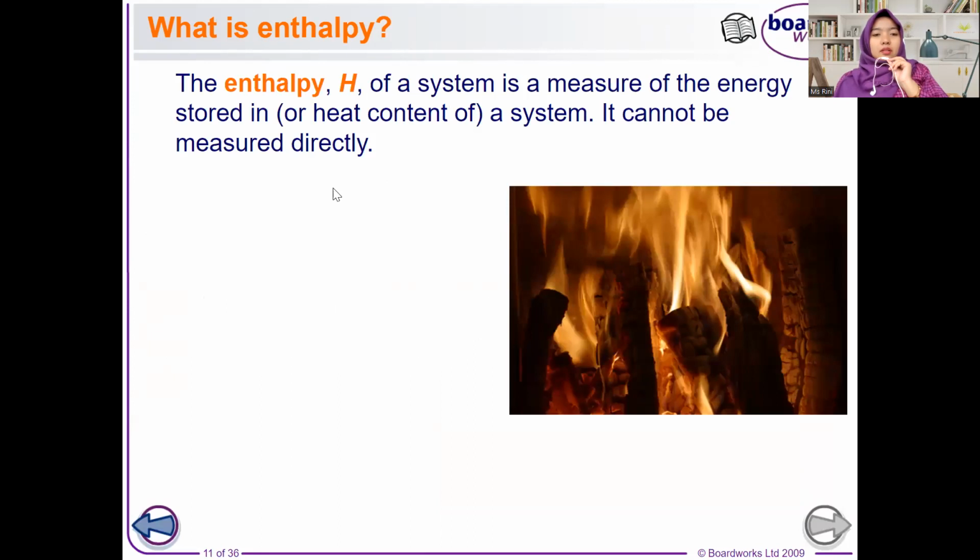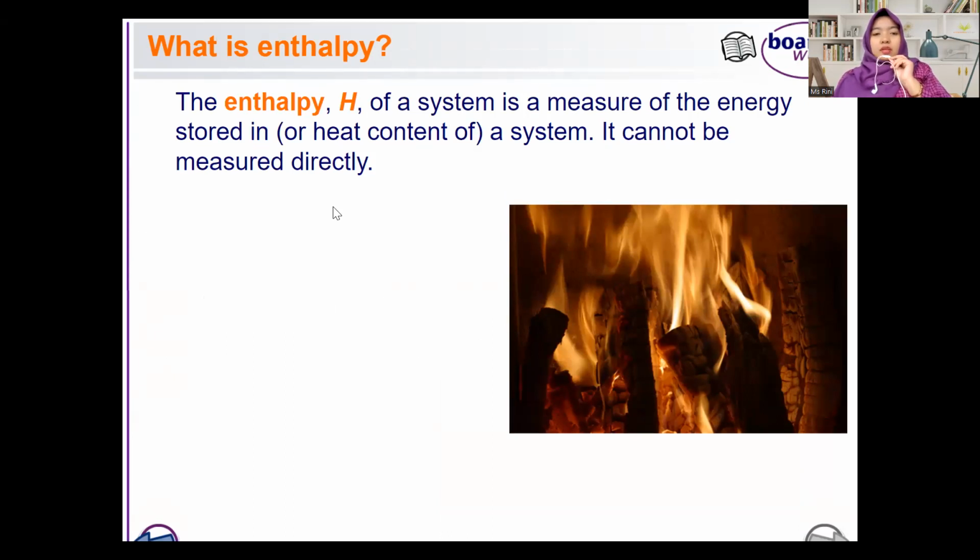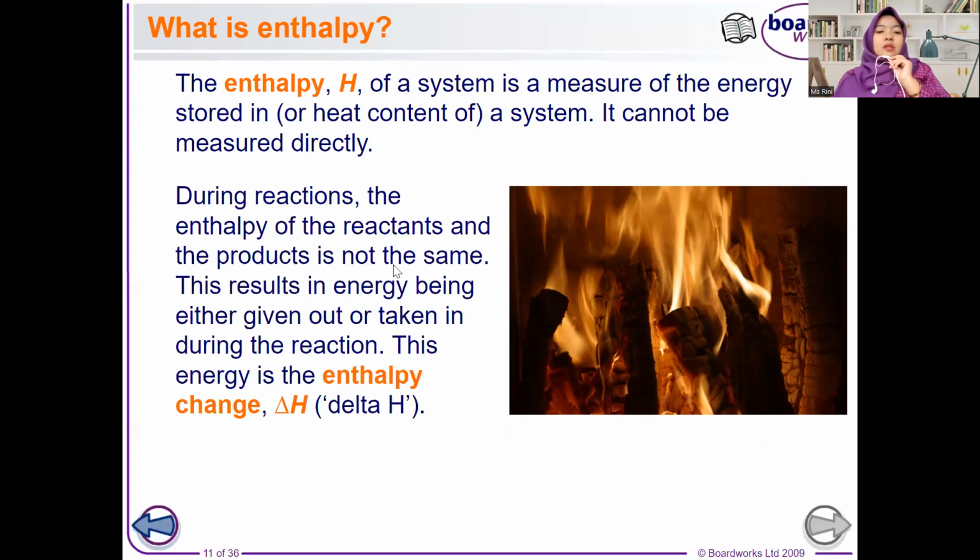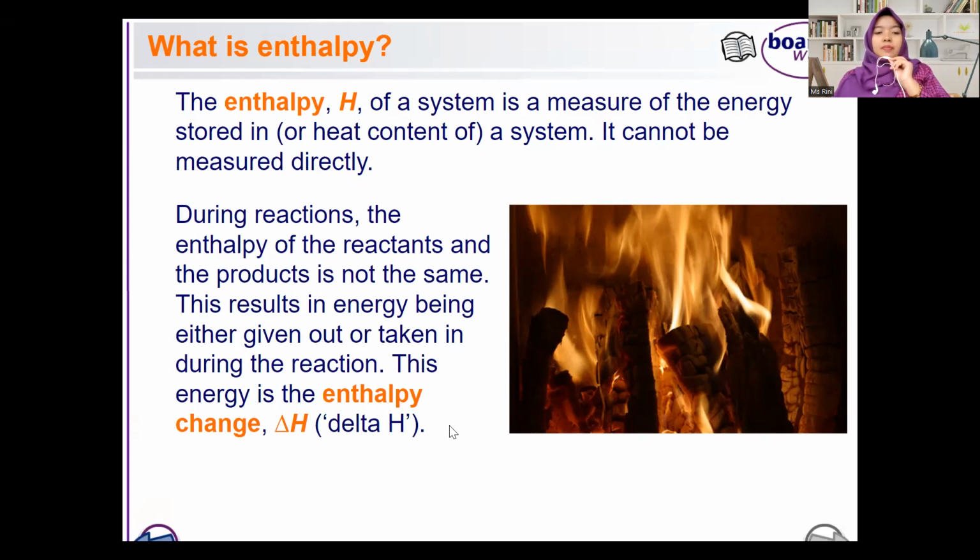Okay, so maybe in the learning objective, you have heard about enthalpy. So you need to know the meaning of enthalpy. Enthalpy, or the symbol H of a system, is a measure of the energy stored in a system. It cannot be measured directly. During reaction, the enthalpy of reactant and product is not the same.